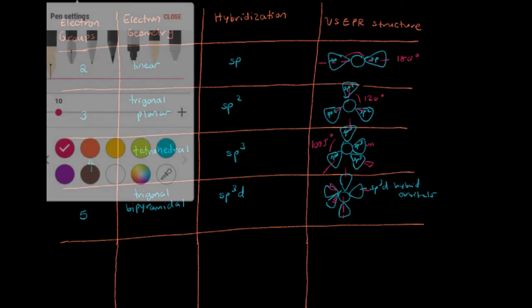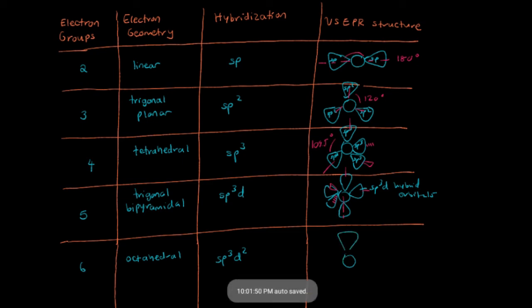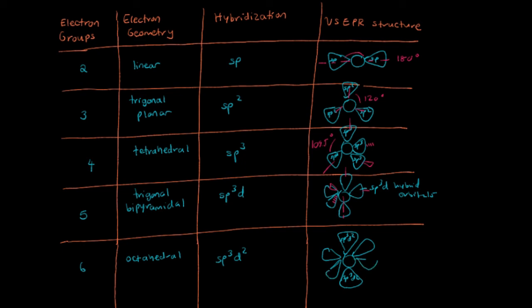Finally, if you have 6 electron groups, this is going to be octahedral. If it's octahedral, we should have sp3d2 hybridization, and we should have a structure that looks like this. So this is sp3d2. 2 in the plane, they're going to be 180 degrees, 2 out of the plane of the page, and 2 into the plane of the page.